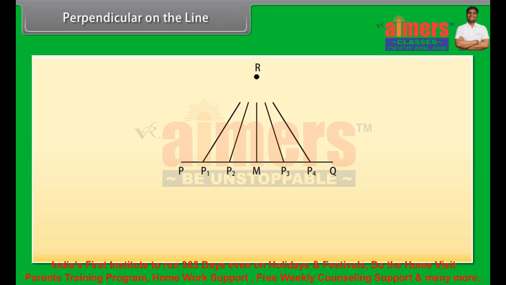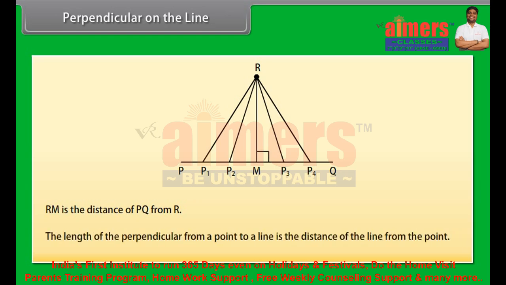Join these points to the point R. We can see that RM is perpendicular to PQ. Then RM is the distance of PQ from R. Or we can say that the length of the perpendicular from a point to a line is the distance of the line from the point.